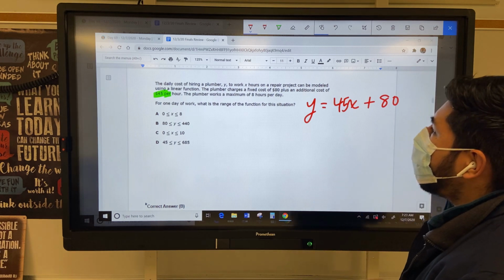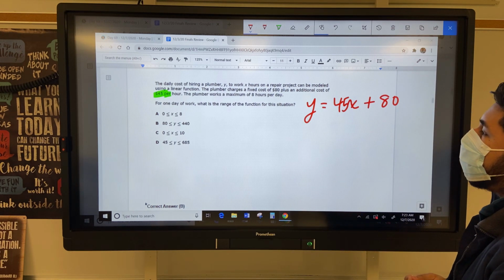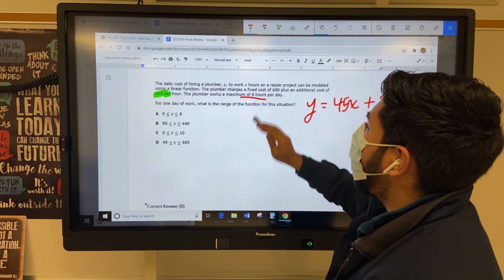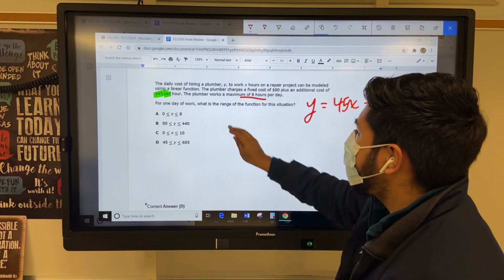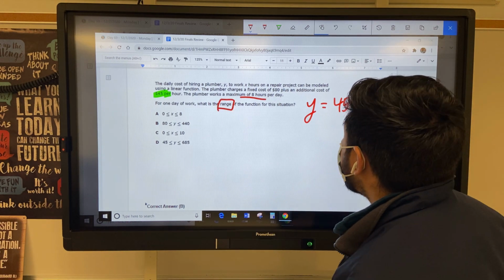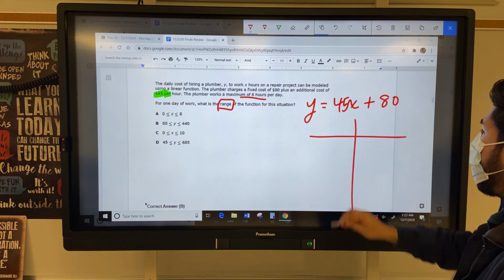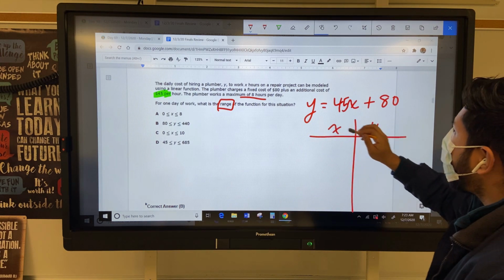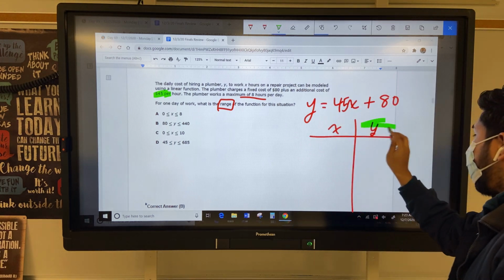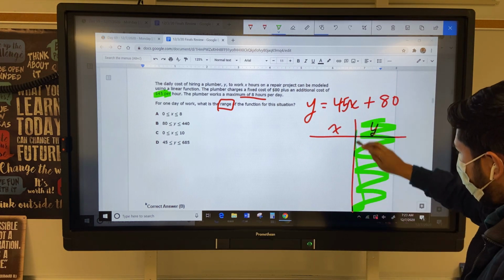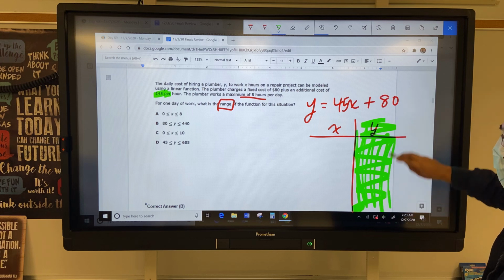And they want to know, for the 8 hours that he works, what is the range? So remember, with this problem, I have said it before, make sure you make a table, X and your Y, and we're looking at these numbers. How do we get these numbers?